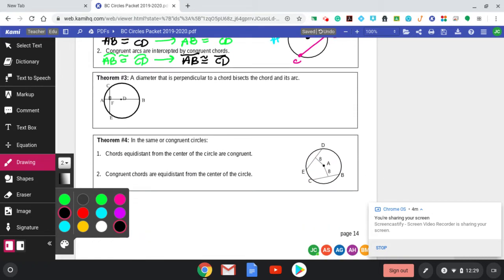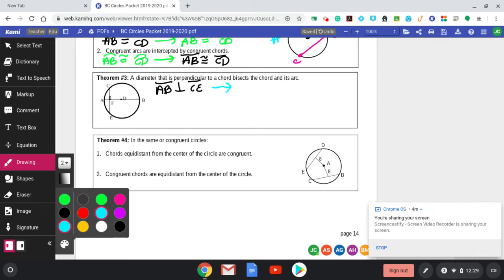Number 3 is a little bit different from the first two. If I have a diameter that is perpendicular to a chord, for instance here, diameter AB is perpendicular to chord CE, a couple of things happen.